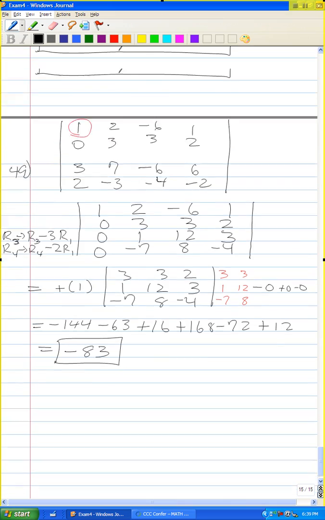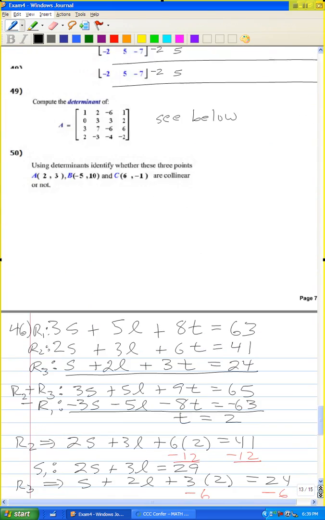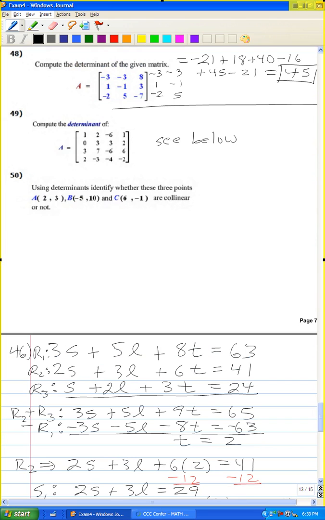Okay. Let me do problem number 50, which I can probably do here. And so let's check if 231, negative 5, 10, 1, 6, negative 1, 1, if that's non-zero or not. Let me rewrite the first two columns.